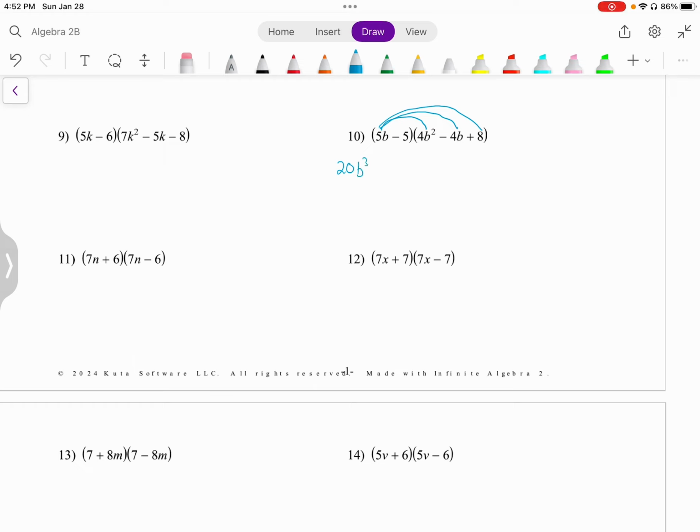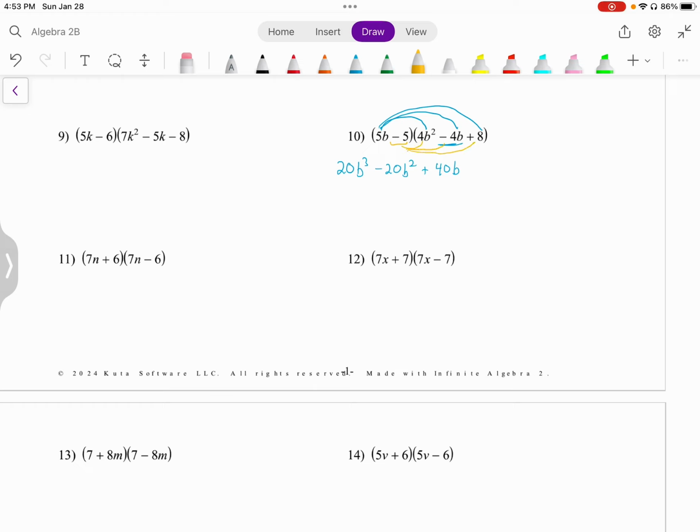Then we have 5b times a negative 4b. That is 5 times 4 is 20. And b times b is b squared. And 5b times 8, it's a positive 8 there, so 5 times 8 is 40, and then we just have a b. So we did 5b times each of them, but we have to make sure we multiply this negative 5 times each as well.